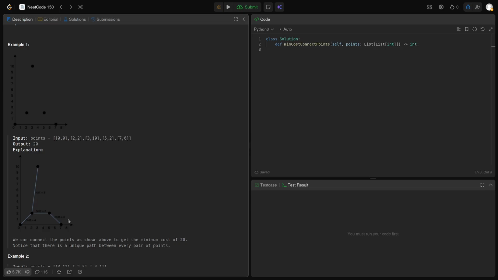Or will it? We will have to update the edges.